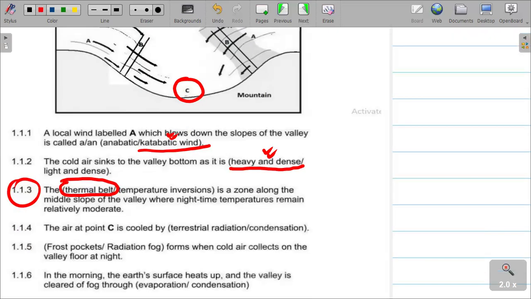That process is called terrestrial radiation, the loss of heat from the land. It is a method through which heat is lost into space, and therefore it causes the temperature to go down or to cool down. It is actually one process that causes temperature to cool down, terrestrial radiation, the loss of heat from the land.